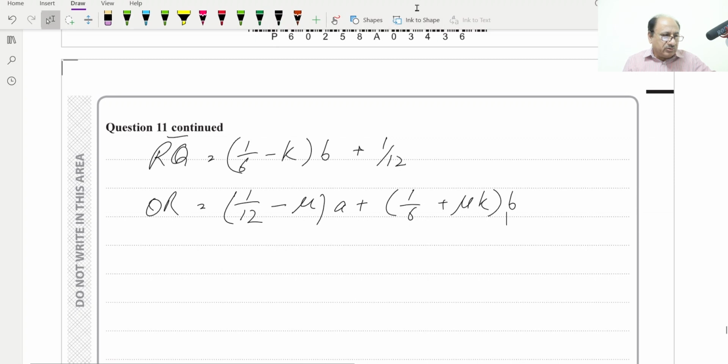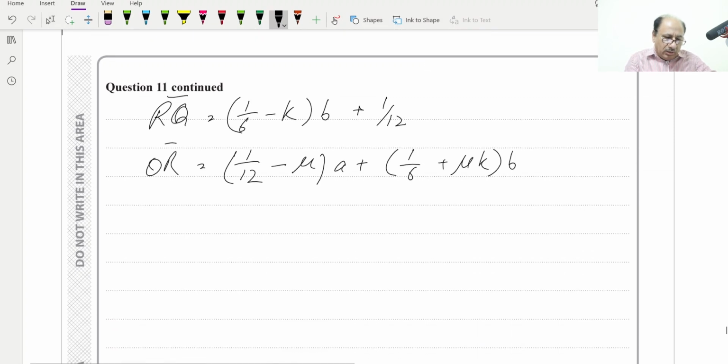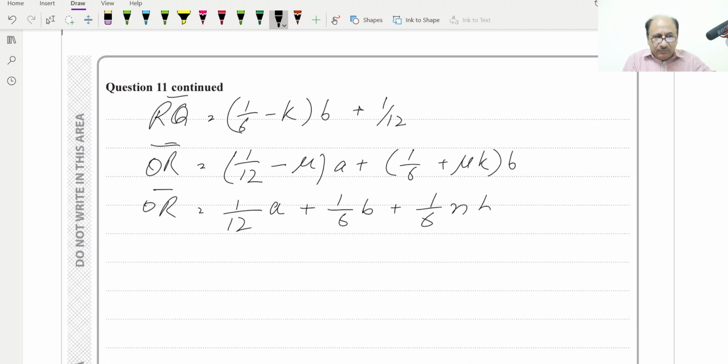And after writing this one, we can write OR is equal to, if we take this a component separately, 1 by 12a plus this one 1 by 6b, and we are taking basically the mu component separately, and this will be 1 over 6 nb minus 11 by 12a.